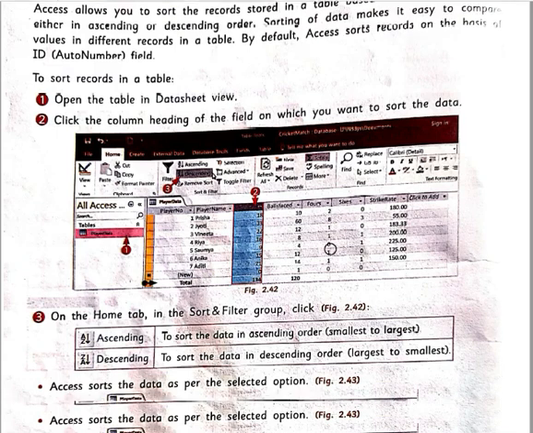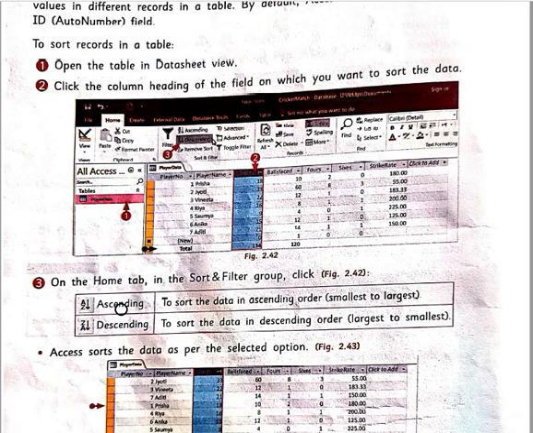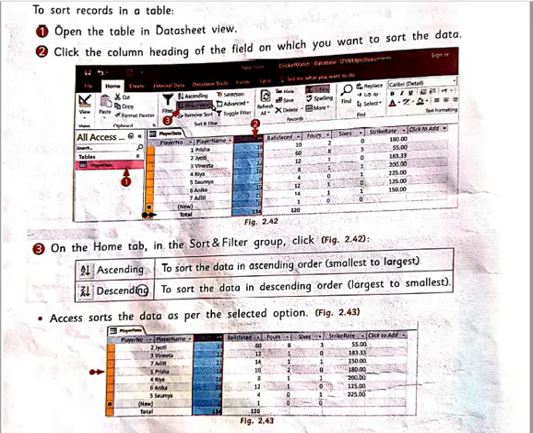After selecting it, on the Home tab, in the Sort and Filter group, we have to click Ascending or Descending. If you want to arrange the data from smallest to largest, we click Ascending, and if you want to sort the data in descending order, that is largest to smallest, we click Descending. It will sort the data according to our selection.